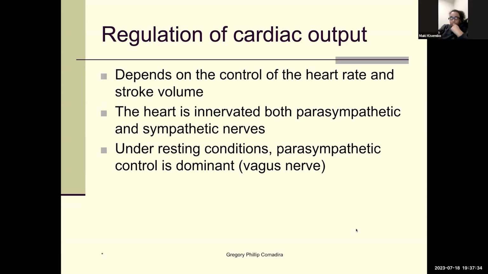Anyone can answer. I think the passive filling's the main thing. Terrific, well done. Okay, passive filling, about 80% of your filling is passive. If I increase your rate, you become atrially dependent.